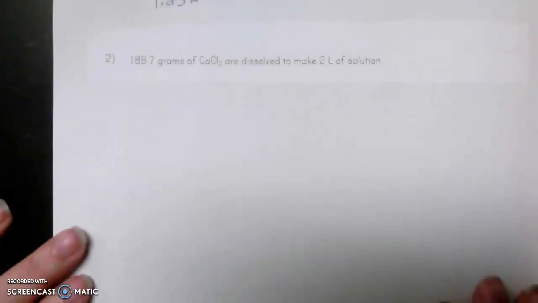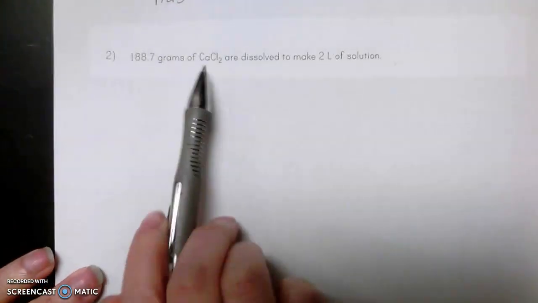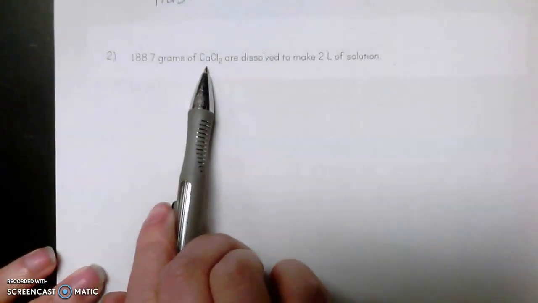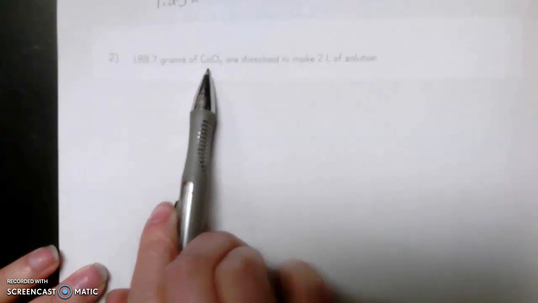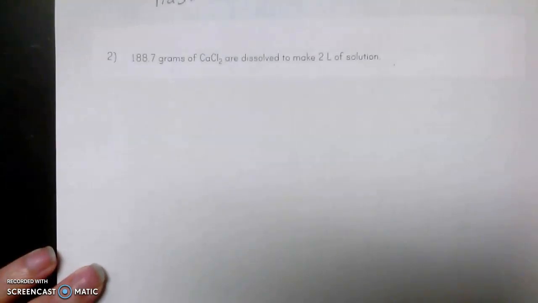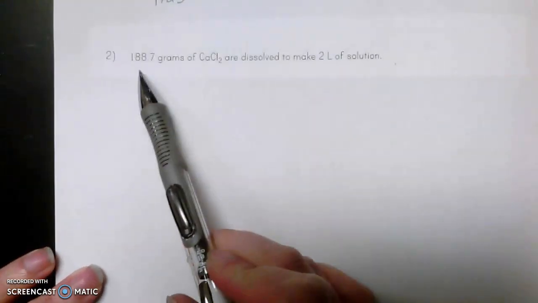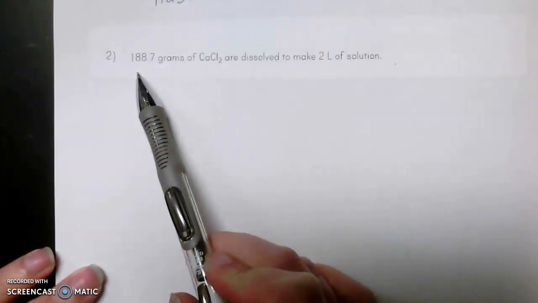Okay. I want to do another one. Same thing. You need the molar mass. So we have to find the molar mass of calcium chloride because we've been given grams, and we need moles, because molarity is moles divided by liters.